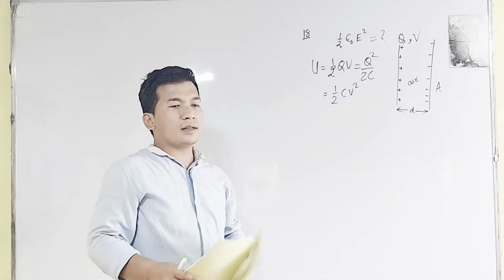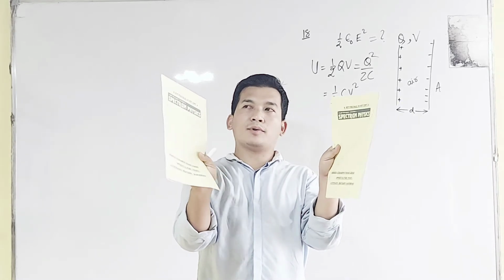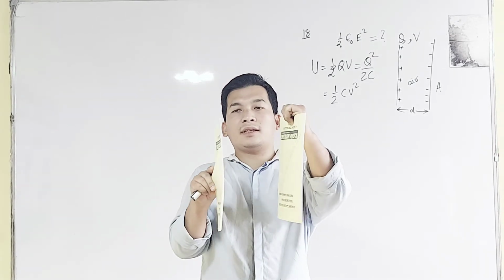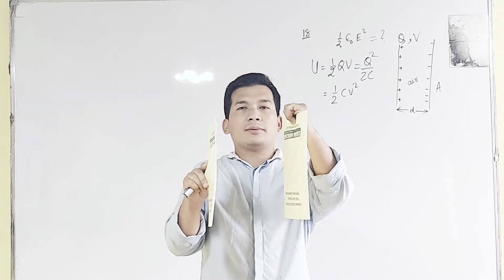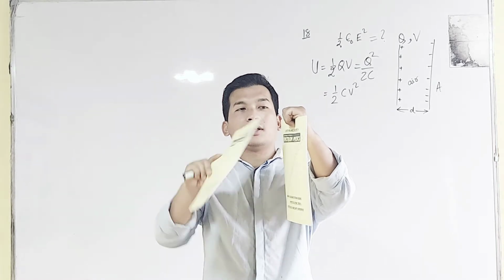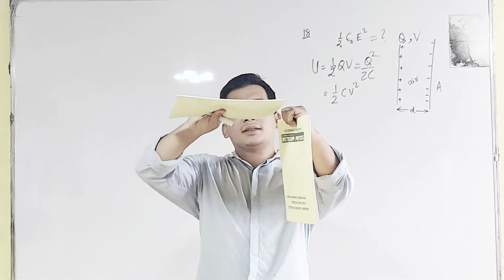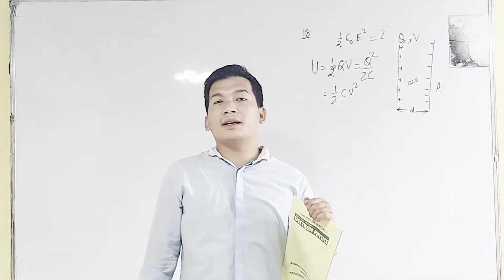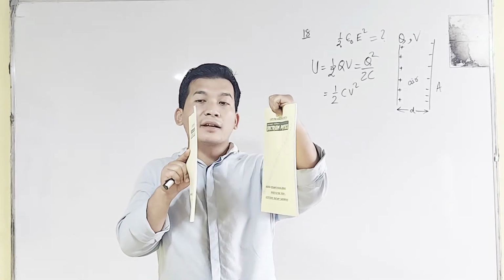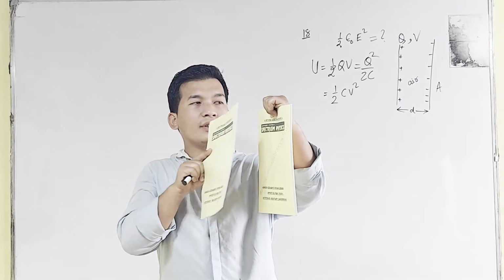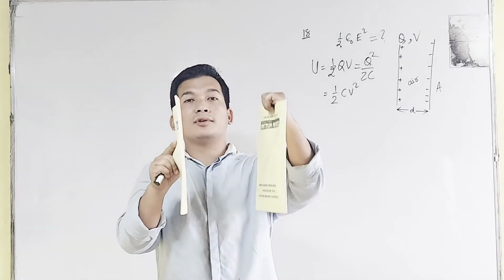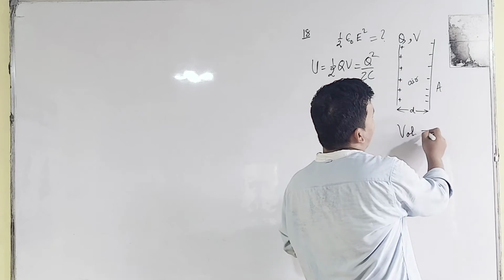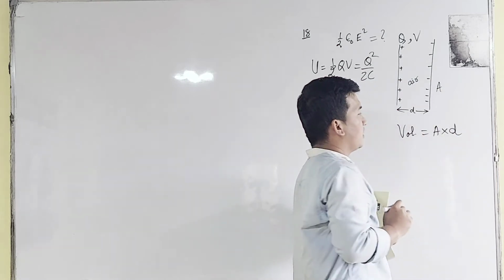If we consider this the negative plate and this the positive plate, both have the same area and plate separation D. If we consider this as a rectangular figure, we can say that the entire volume in between these two plates will be equal to area into plate separation D. Understood?